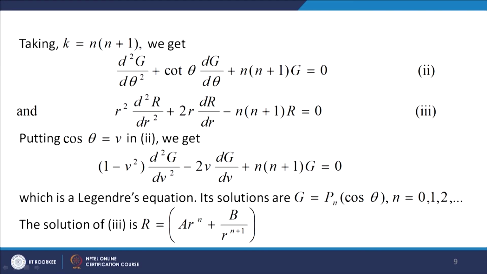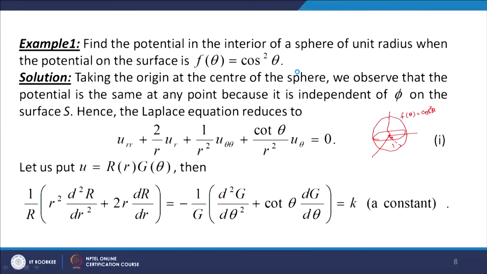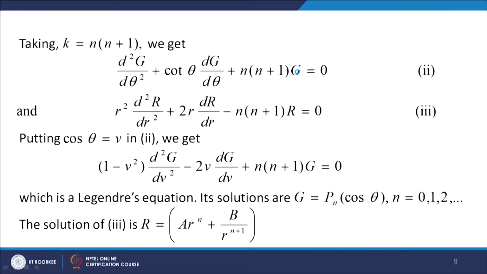So, that is the solution of this equation, which we have already discussed, and d square g over d theta square plus cot theta dg over d theta plus n into n plus 1 g equal to 0 is the other equation that we get here. That changes to this equation if you put cos theta equal to V in this. So, taking cos theta equal to V, we are changing the independent variable from theta to V now.